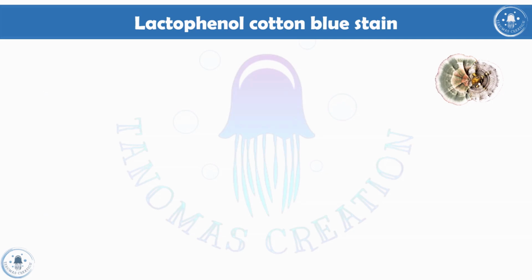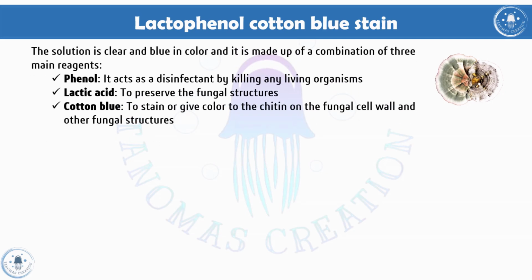Lactophenol cotton blue stain is a clear, blue-colored solution. Clear means it is completely dissolved. It is made up of a combination of three main reagents: phenol, lactic acid, and cotton blue.